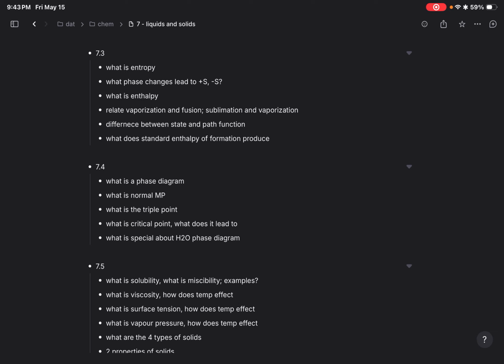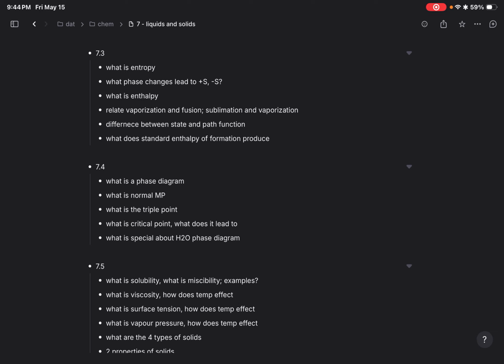What is enthalpy? Let me just make sure. Positive entropy: melting, vaporization, sublimation. Yeah, that's what I said. Enthalpy is a measure of the change in the internal heat in the system, just the heat content.